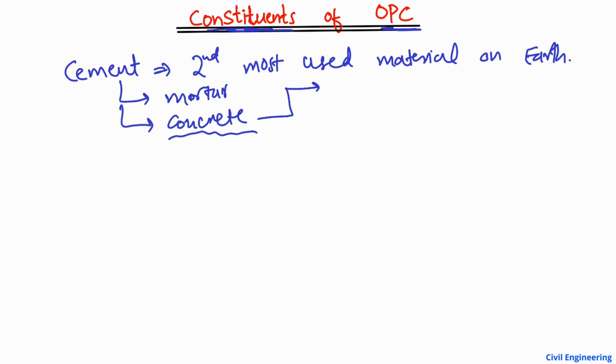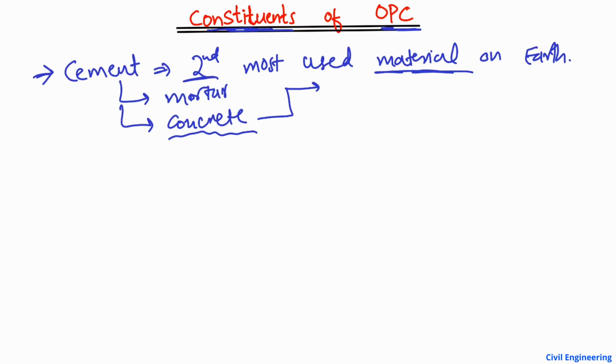Concrete is also the most used construction material on this planet. But it should be kept in mind that cement is the second most used material on this earth. So now we should go into the constituents of the ordinary Portland cements.